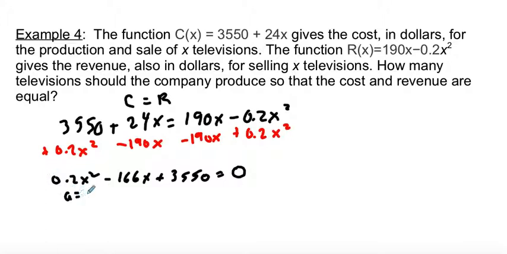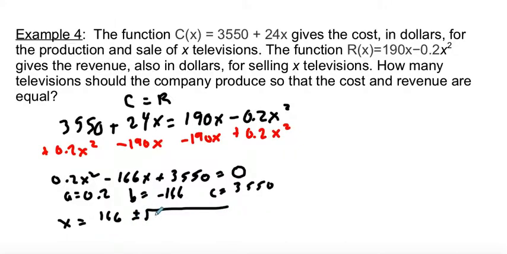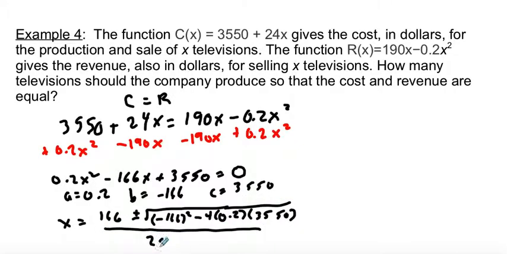So A here equals 0.2. B here equals negative 166. And C here equals 3,550. So let's plug that into the quadratic formula. Quadratic formula says opposite of B plus or minus the square root of B squared minus 4 times A times C all over 2 times A. So maybe I'll write that up here for you.